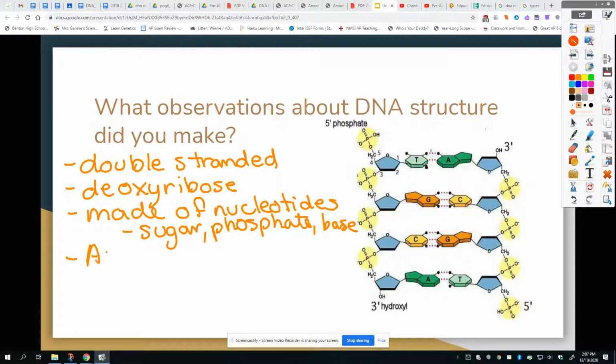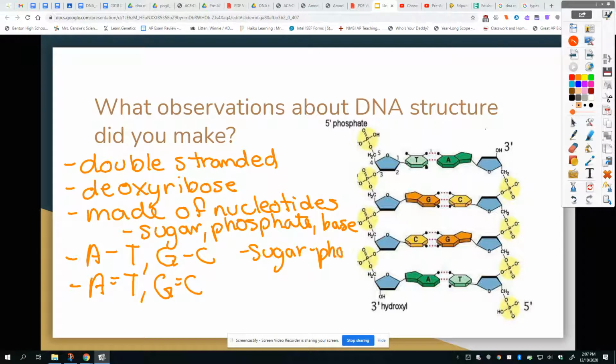A always bonds to T, G always bonds to C. The amount of A equals the amount of T. The amount of G equals the amount of C. It has a sugar phosphate backbone. And its shape is called a double helix.